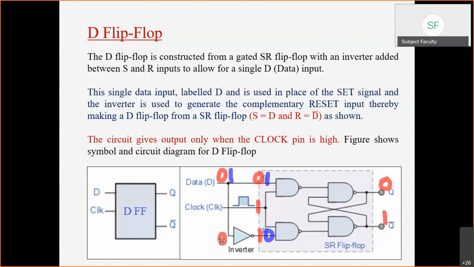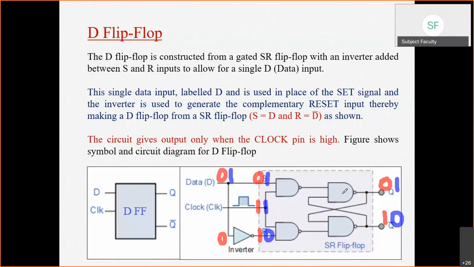Whatever the input value is, the output will be its complement, and obviously this clock will always be 1. So now you can clearly observe that since the set terminal is high and reset is 0, the output of this flip-flop, that is Q, will be set to 1. Since Q will be 1, Q bar will be 0.